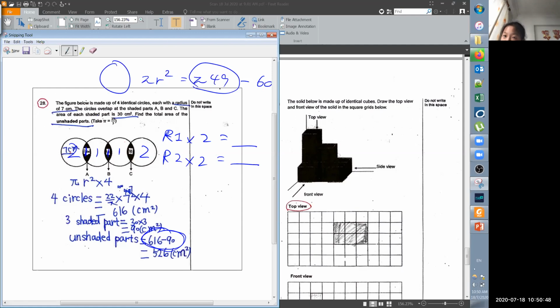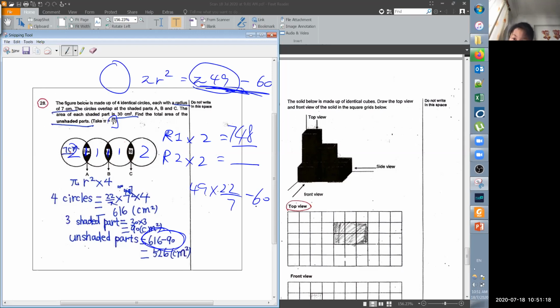Come, help me find the answer. What is 49 pi minus 60? Pi is 22 over 7. 7486? 7, 4, 4, 8. No, it's not that big. 49 times 22 over 7 minus 60.